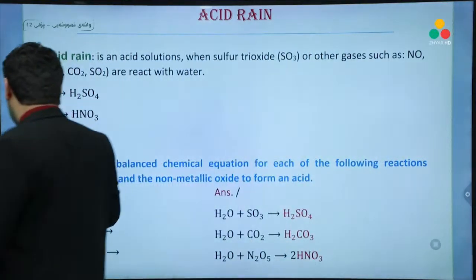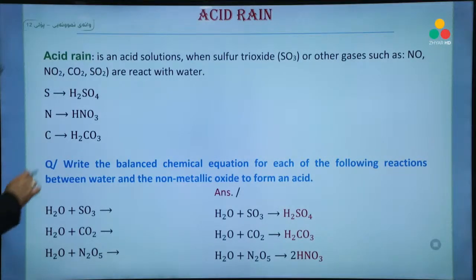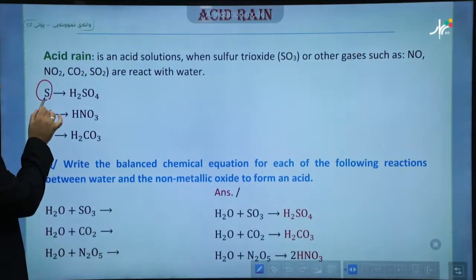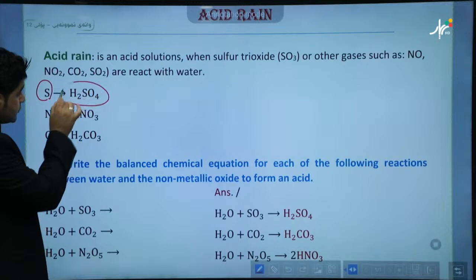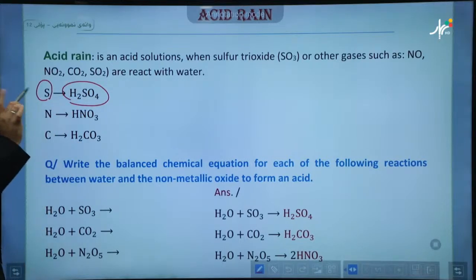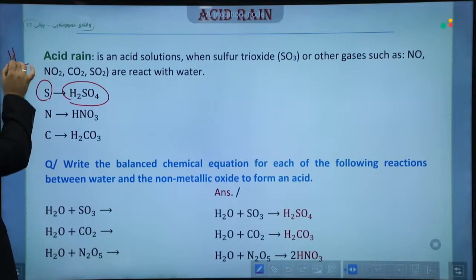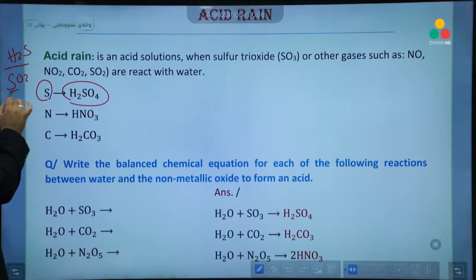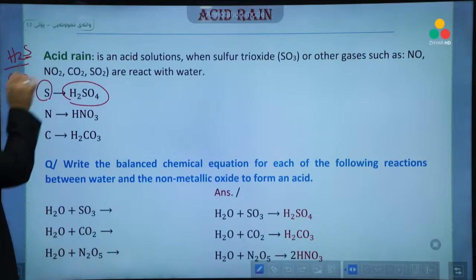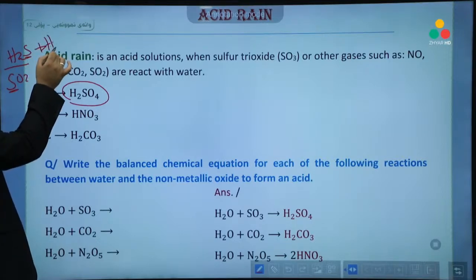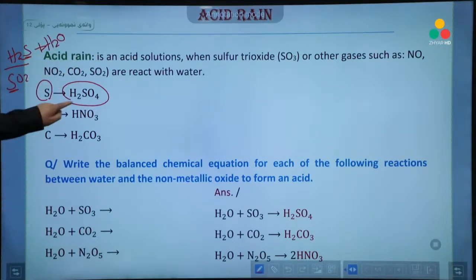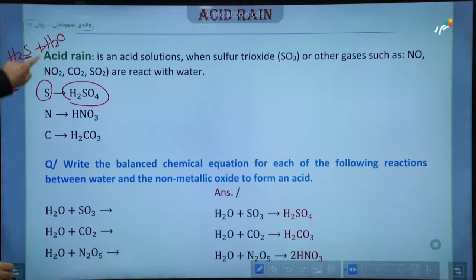A gas that contains sulfur, when it combines with water, will produce H2SO4. Don't forget. For example, SO2 or H2S contain sulfur, so if we mix them with water, they will give H2SO4.